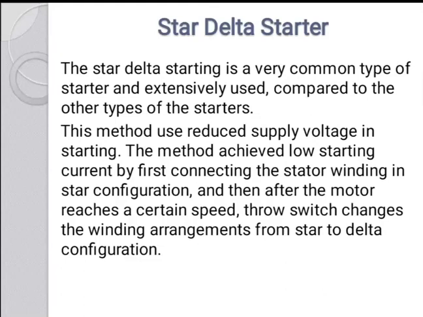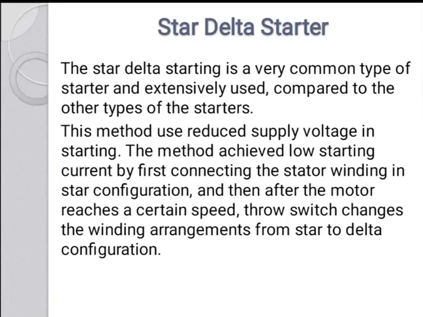Let us study one type of starter, that is the star delta starter. The star delta starter is a very common type. This is one of the best starters for induction motors, very extensively used in applications as compared to other types of starters.